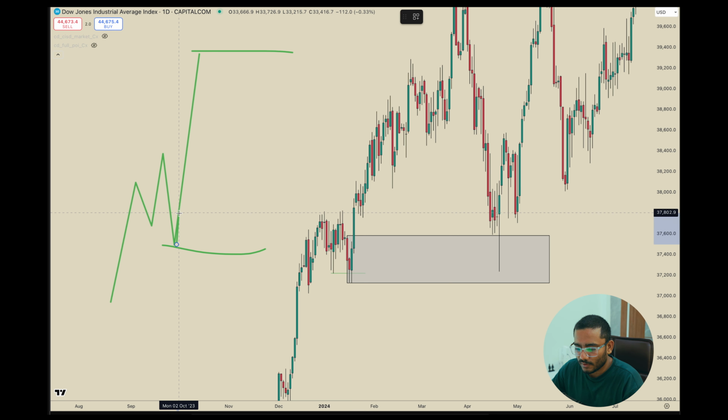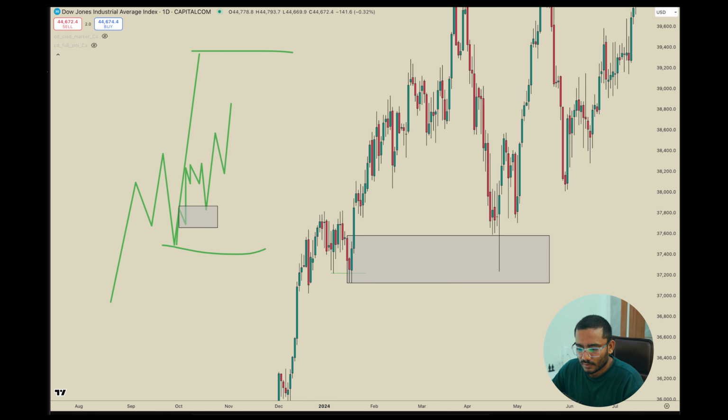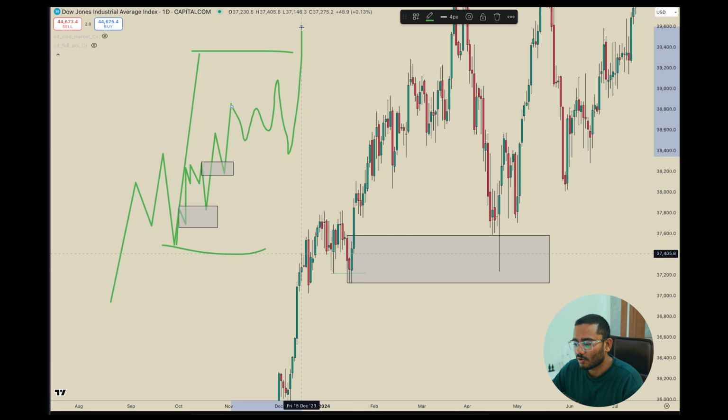And now in the lower time frame, we have to wait for price to create liquidity. Then first entry we can enter at this order block, or second, after structure break, we can enter at this breaker block. So there are 2 entries possible. First one is this and second one is this, like this. And now we can continue the whole move to the upside just by catching all the liquidity sweeps.